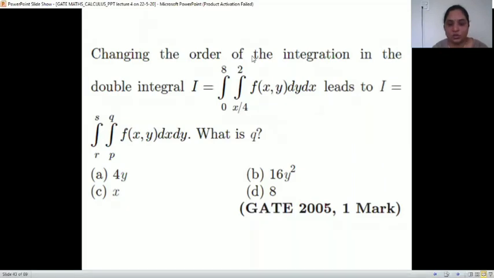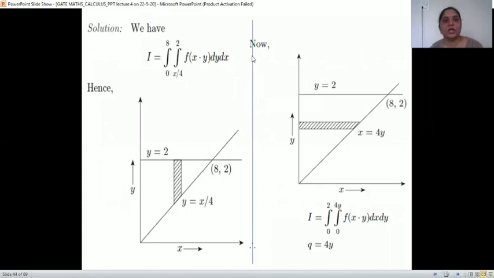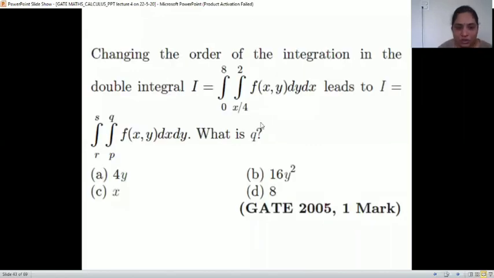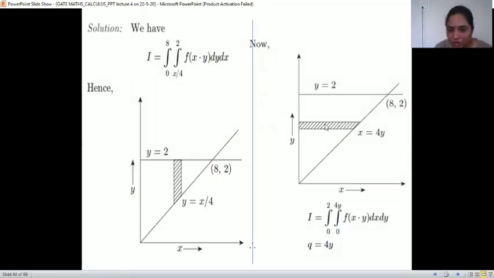Chalo, let me show you the answer. This is the question given to you, right? And which strip do we need to draw first? The given is a vertical strip problem and we have to convert y to x. So we have to draw a horizontal strip. Before that, this is the question.